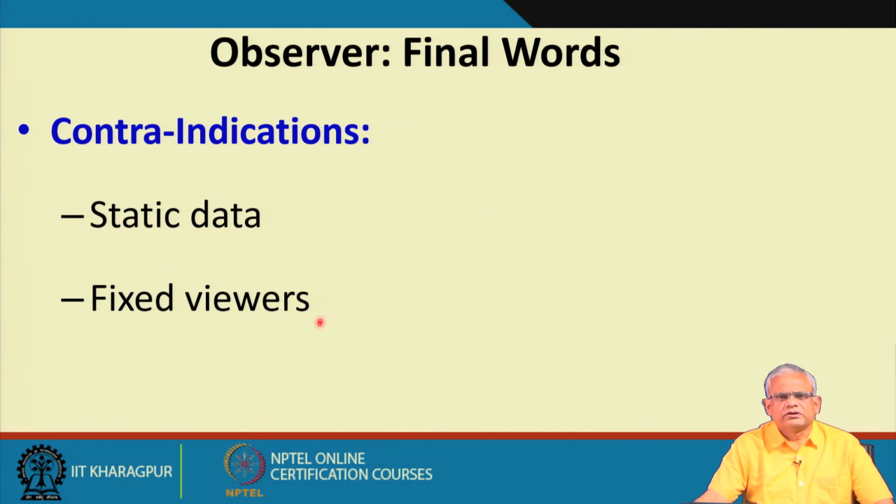And also when the number of observers is fixed, the specific observers and number of observers are fixed, then we do not need the observer pattern. The observable can directly hard code the IDs of the observers, because they are fixed and they are not going to change.